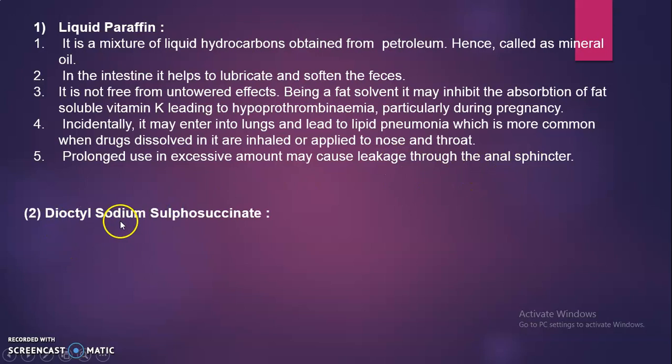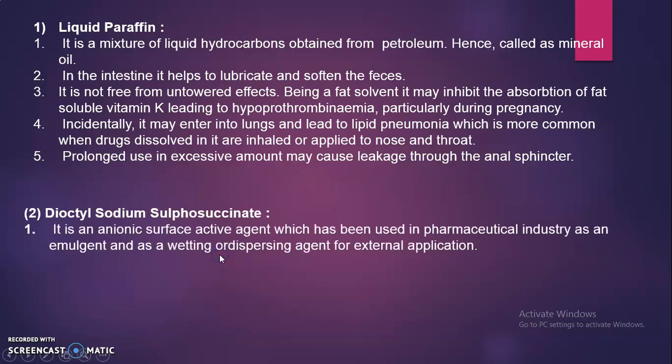Then next is dioctyl sodium sulfosuccinate. It is an anionic surface active agent which has been used in the pharmaceutical industry as an emulgent and as a wetting or dispersing agent for external application.